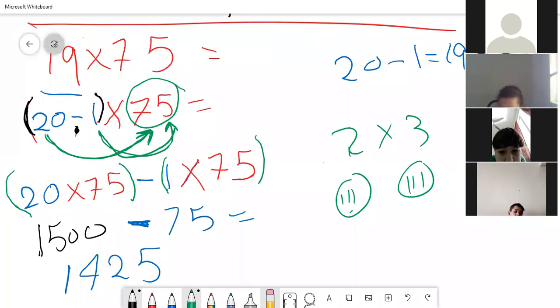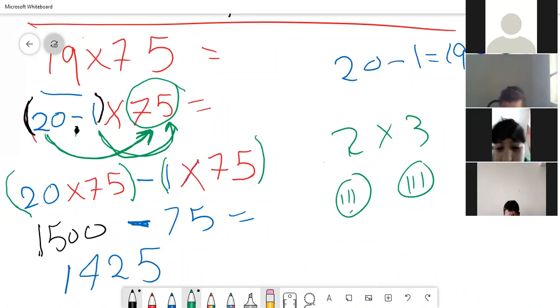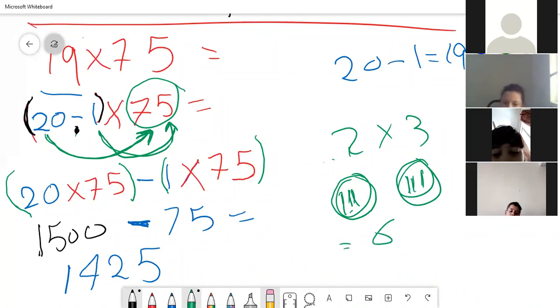What does 2 times 3 mean, for example? 2 times 3 means we have 2 groups. In each group we have 3 things. So how many things do we have inside? 6, right? So 2 times 3 is 6.